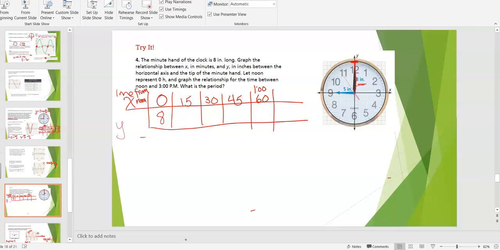It says until 3, but I'm just going to do 1 hour because I know 60 minutes is a period, one cycle. So this is inches from the x-axis. So go ahead and try that and see what you come up with. And see if you can come up with the equation too. It's just asking for the period, but actually I want you to find the equation.